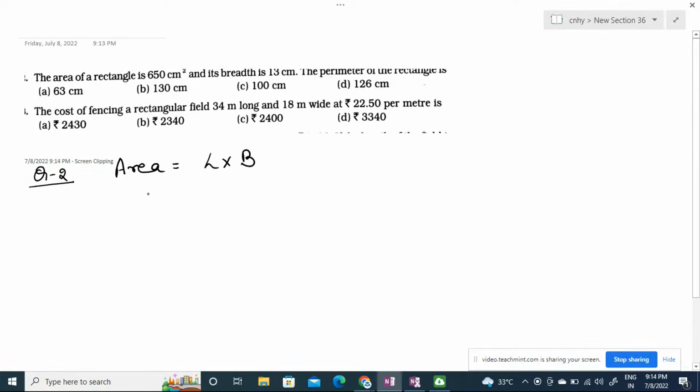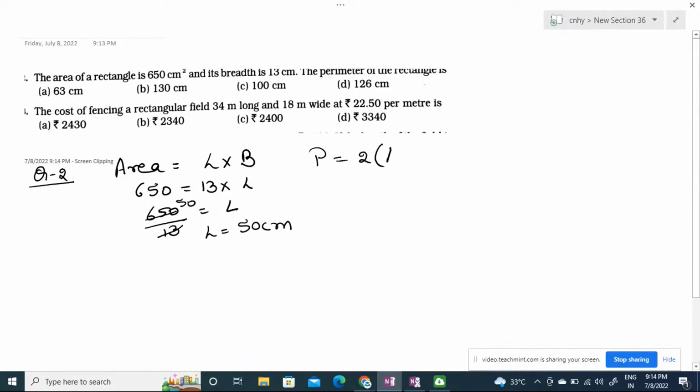Length into breadth. So what is the value of length? 650 by 13 is 50 centimeter. Now perimeter: 2 into L plus B, 2 into 50 plus 13, 2 into 63, 126 centimeter.